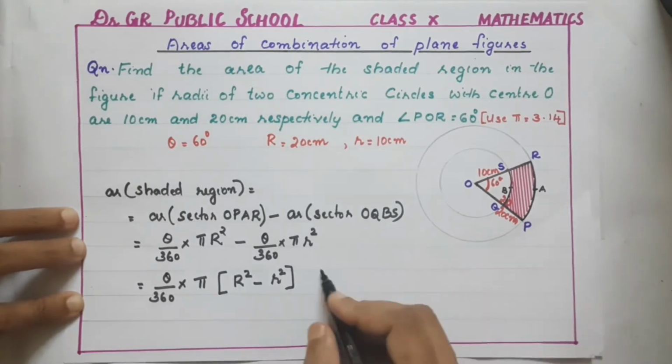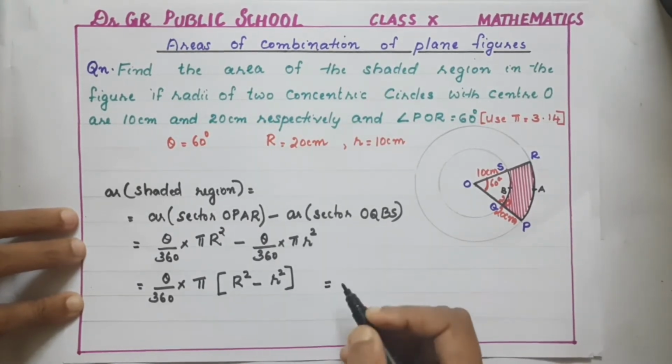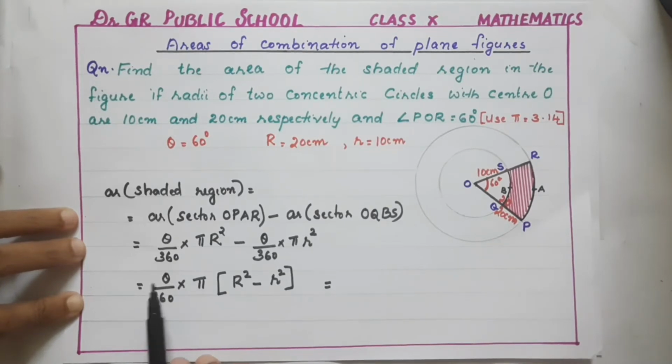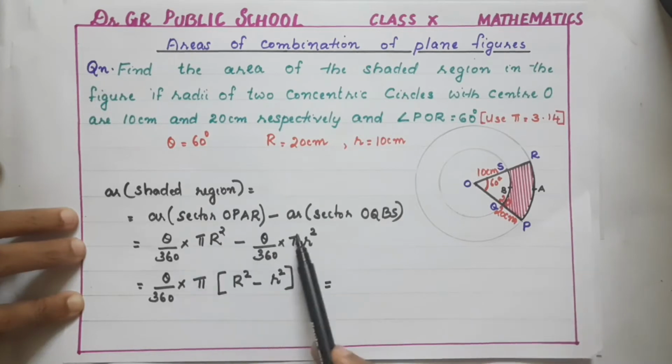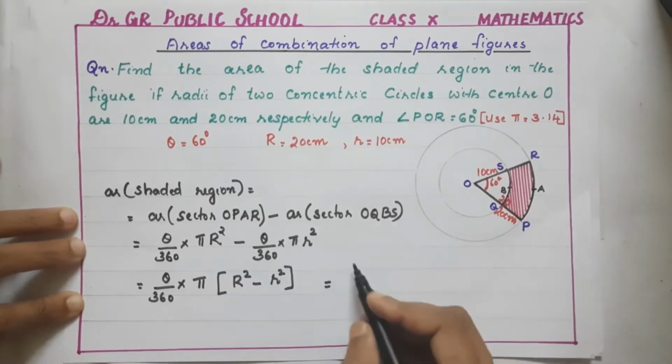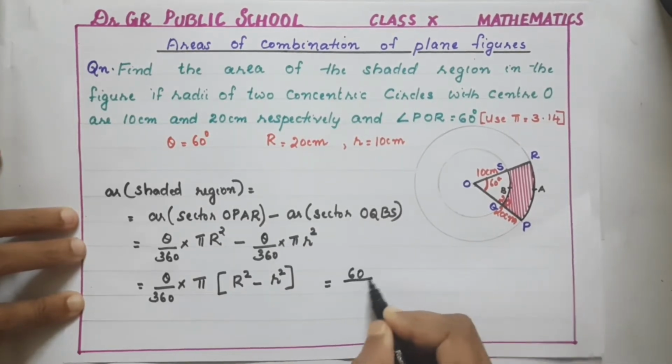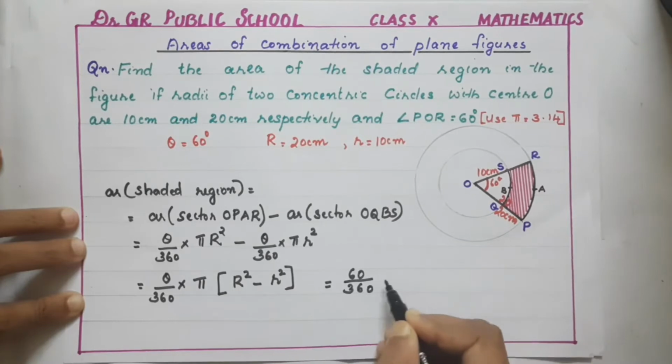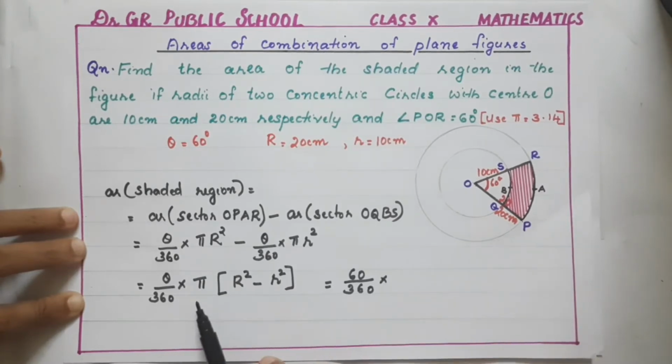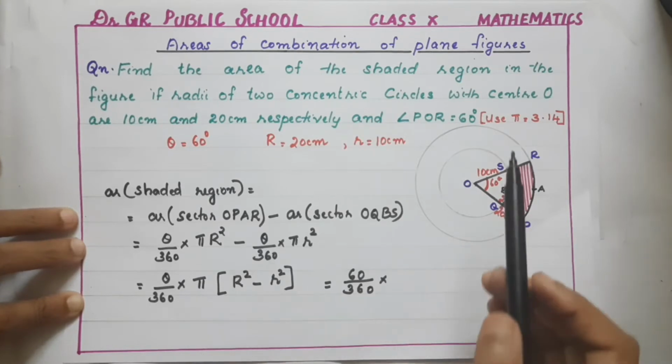Okay children. Now it is equal to. Now you can substitute the values. No need to substitute in the first step itself. Take the common factors, then put the values. What is theta? 60 by 360 into pi. Can we put 22 by 7 here? No, it is given.